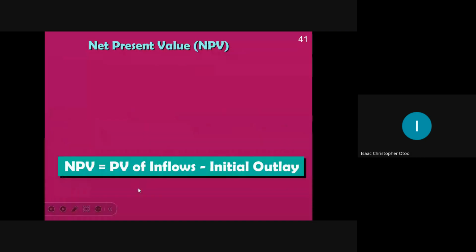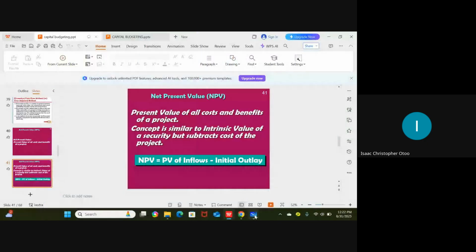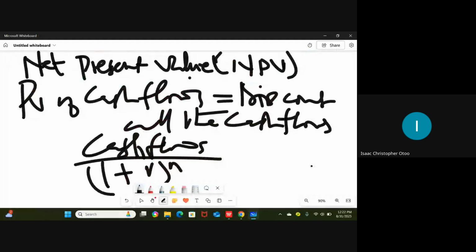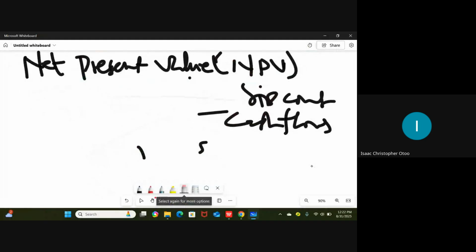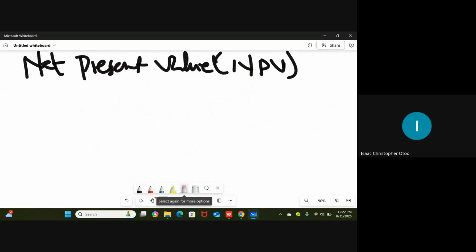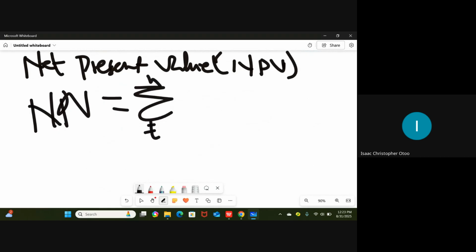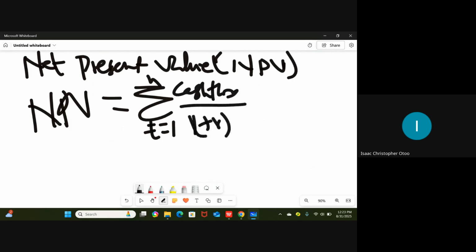To get the net present value, it is the present value of inflows minus the initial outlay. So normally you see the formula as this: NPV equals sigma, t equals 1 to n, of cash flows divided by (1 plus r) to the power t.